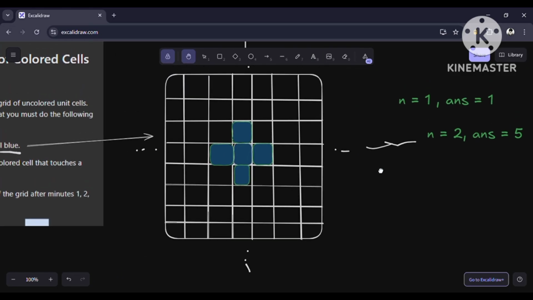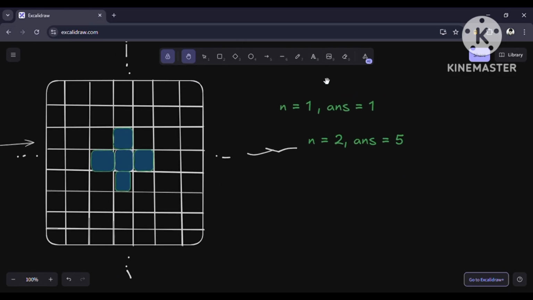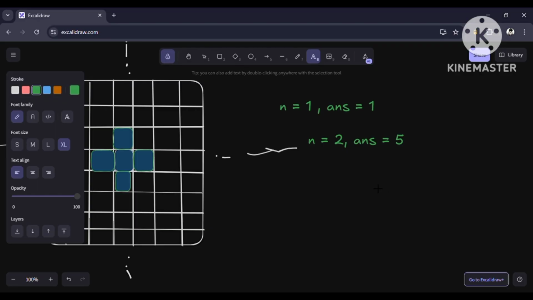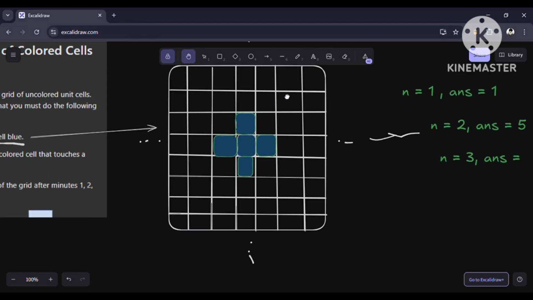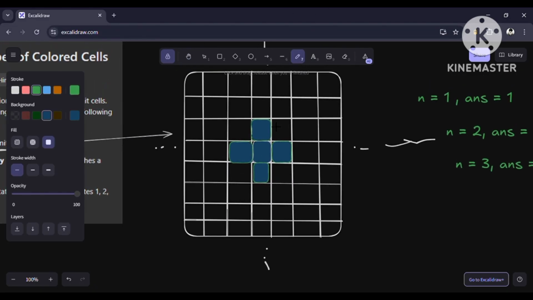Okay. Next, let's see for n equal to 3, what will be the answer? For n equal to 3, that means in the third minute, how many cells will be colored? Let's see. First, mark the cells that touch this cell. Like this cell touches this cell, and this cell.